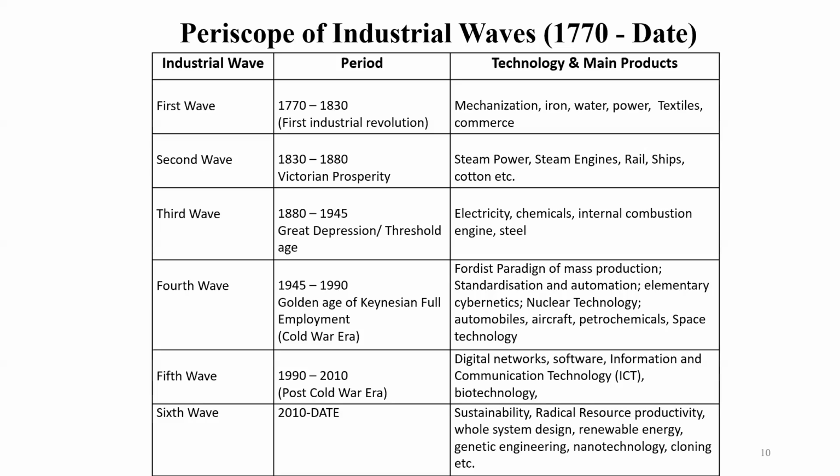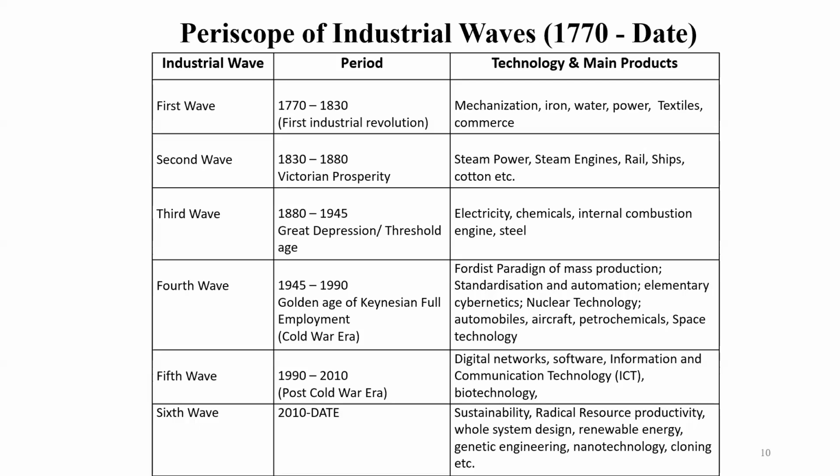So what characterized that period are the mechanization, the iron or steel melting industry, water, power, textile, commerce. They became popular at that period.